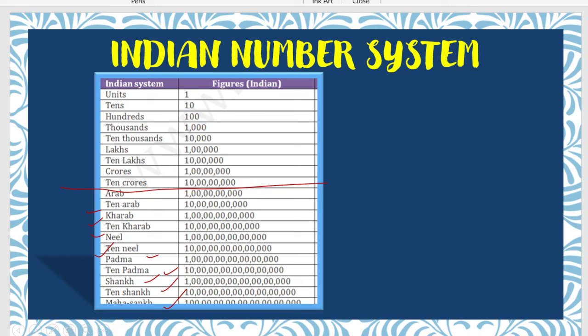Listen, we have so many numbers in the Indian number system. Our Indian number system is so enlarged. It is greater than the international number system.